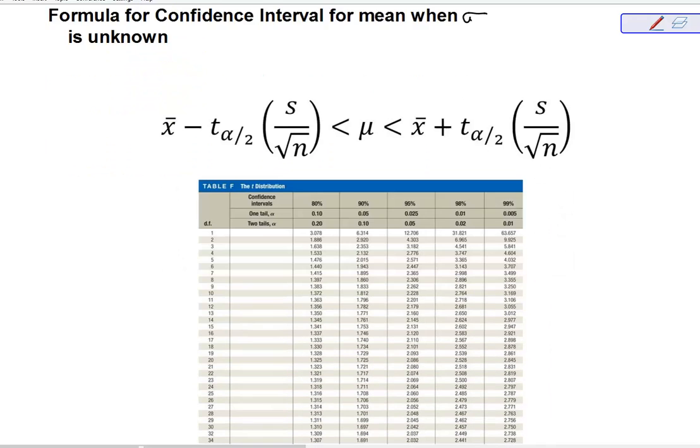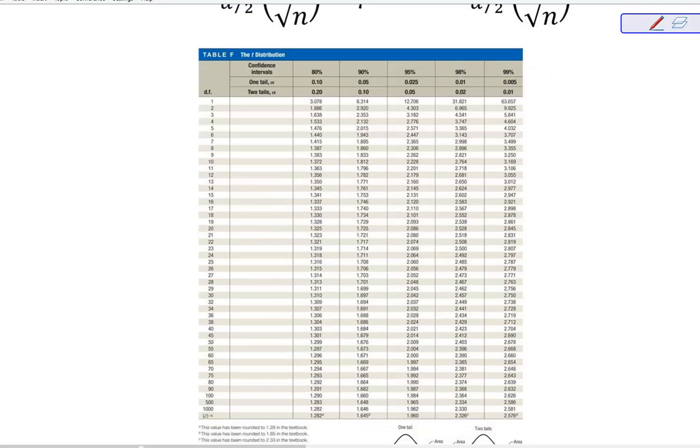We use a t table out of your textbook, and the t table, if you'll notice, has the first column being the degrees of freedom. Now if you'll notice, it counts by ones down to about 30, and then it starts skipping, and then we skip quite a bit between 40 and 45, and then we really skip.